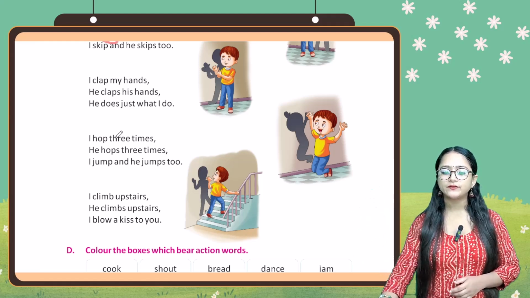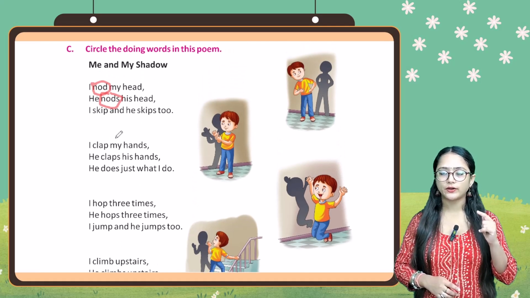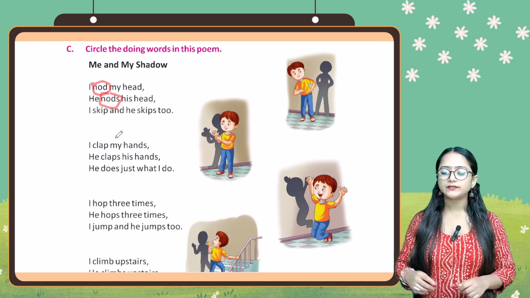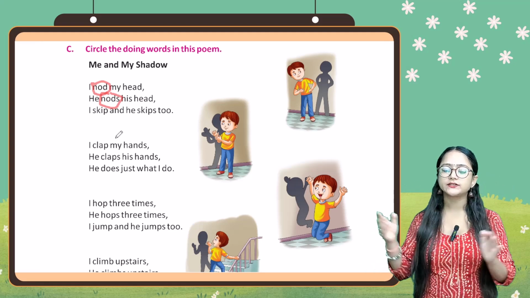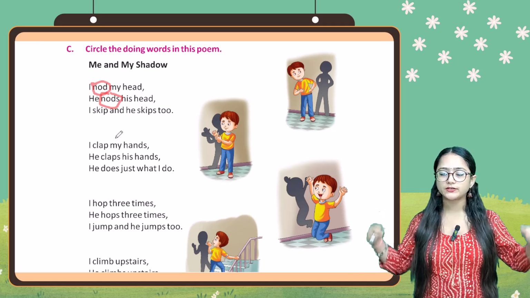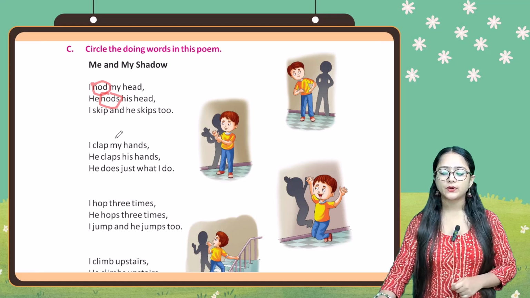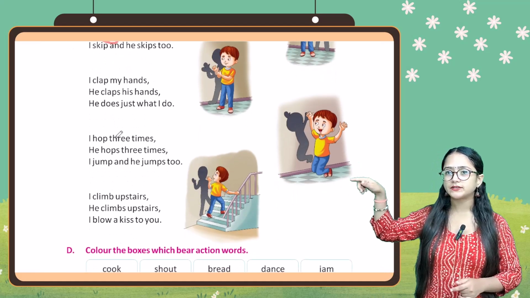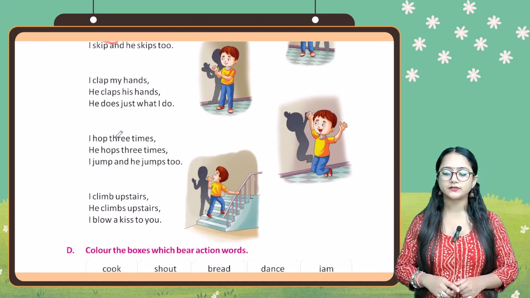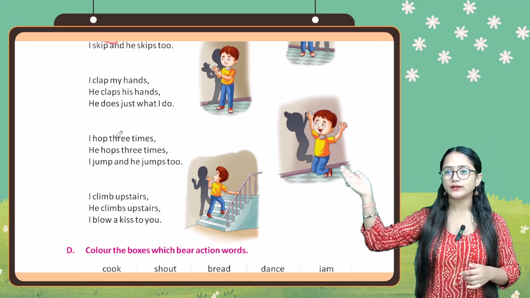If the boy is nodding his head, the shadow is also nodding. If the boy is clapping his hands, the shadow is also clapping. If the boy is hopping or jumping 3 times, the shadow is also jumping 3 times. If the boy is climbing upstairs, the shadow is also climbing upstairs. And if the boy blows a kiss, the shadow is also blowing a kiss to him.